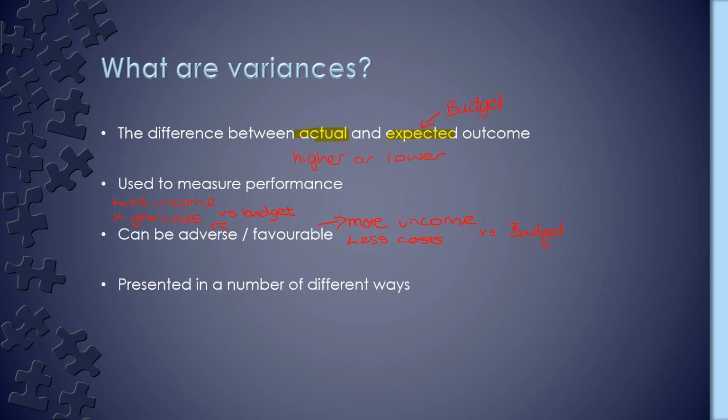And then variances can be presented in a number of different ways. They can be presented in a monetary way, in a percentage, and depending on what type of report they're doing, you can present them in a graph. So you can have your actual figures versus what your budget was, so you can see where you're higher or lower than budget.